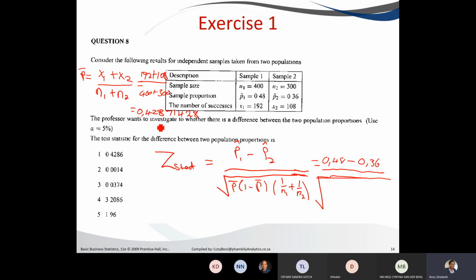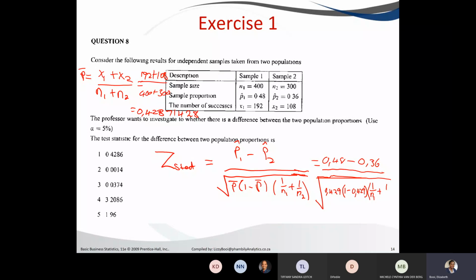I'm going to cut it short, so I'm only going to use 0.429 in this instance. But when you're doing the calculation, please use all the digits. 0.429 times 1 minus 0.429, close bracket, times 1 over N1 plus 1 over N2.